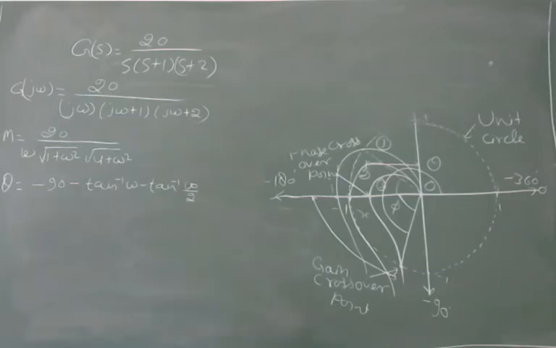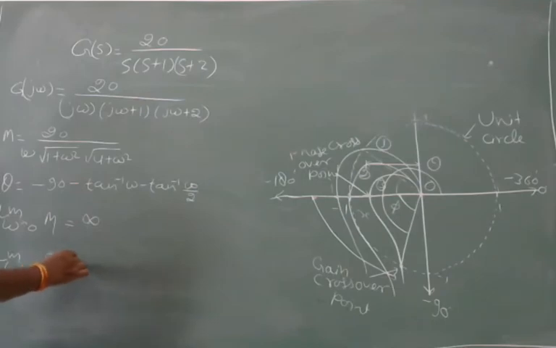What will be the value of M and theta when omega tends to 0? As omega tends to 0, M goes to infinity, and theta goes to minus 90.